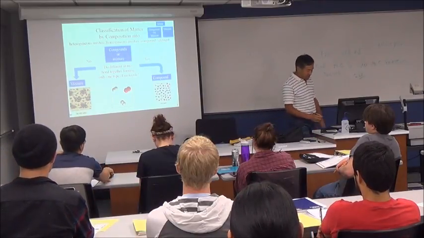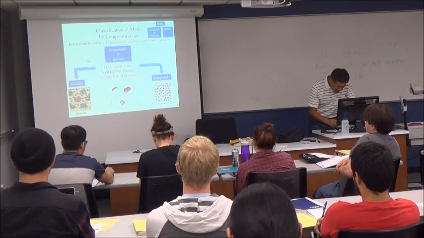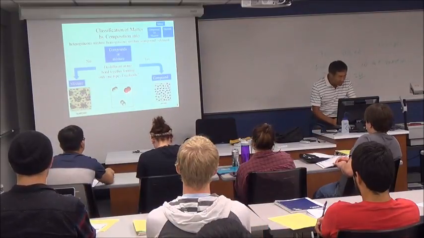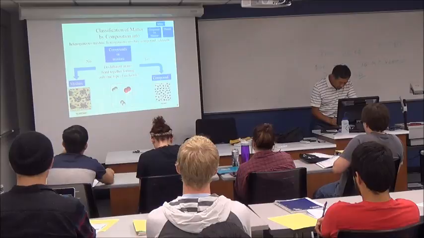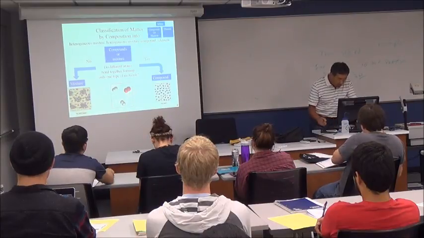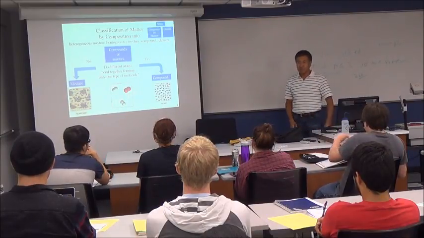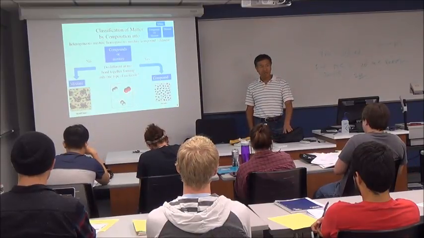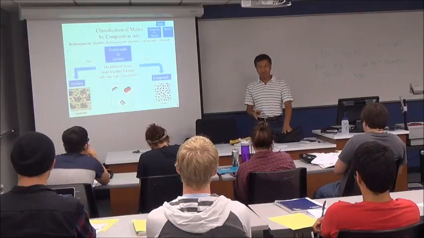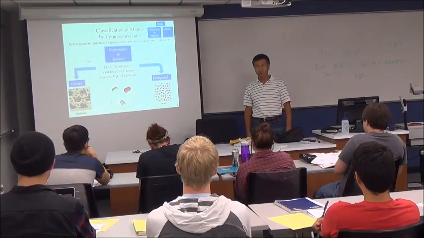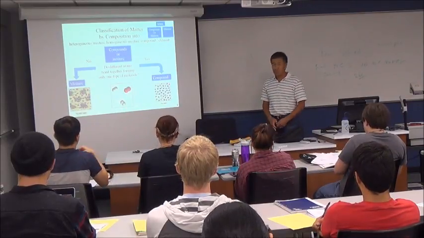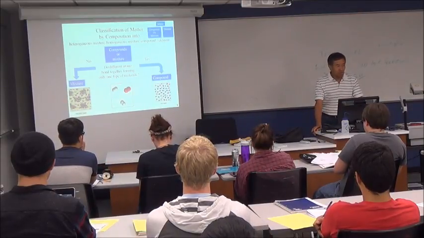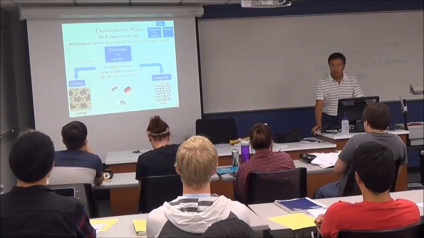So one type you can call oxygen, O2, and the other type is H. So we go by the types, not how many. You go by how many types, not exactly how many molecules or atoms. Again, this is a mixture of two types of elements.